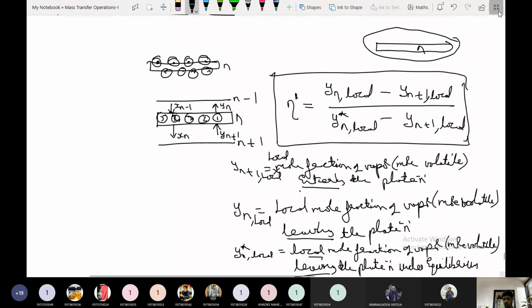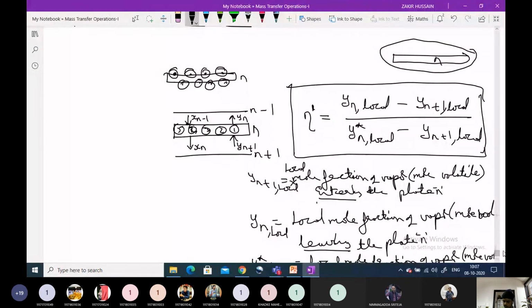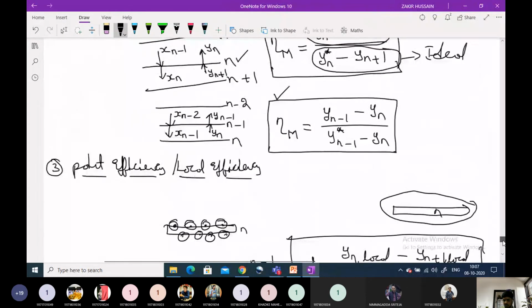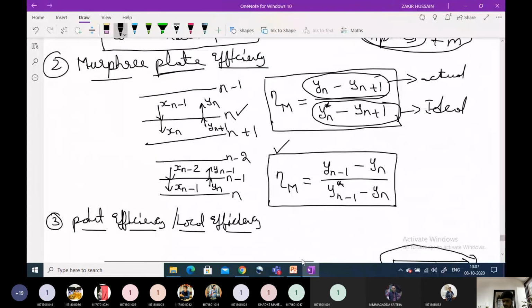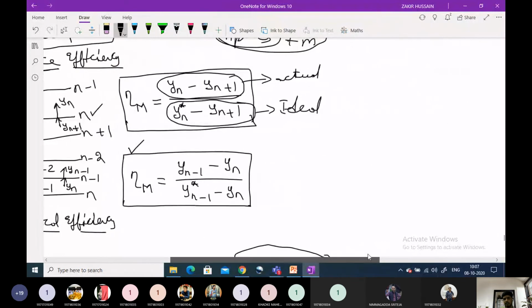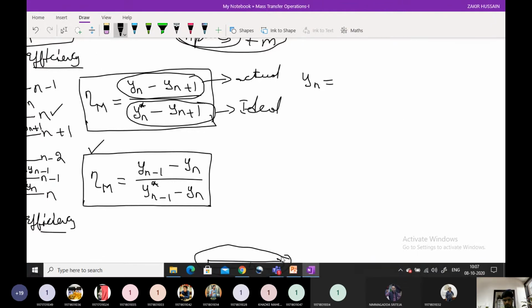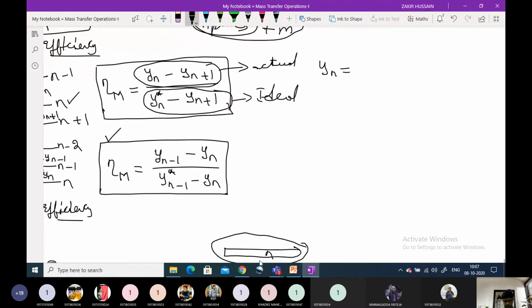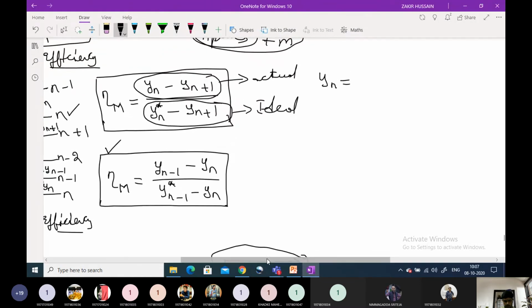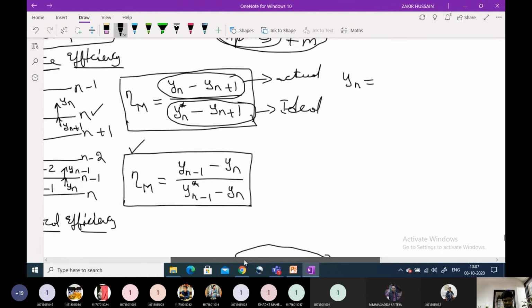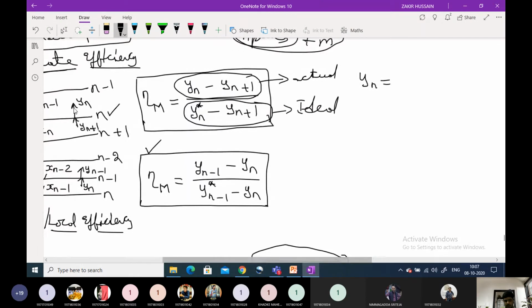Similarly, the above formula, which is Murphy plate efficiency, the same we can define. The scheme is the same, but the only difference is we are taking the point efficiency as local. In that one we are taking a direct composition. So what is yn here? From the arrows, outgoing and ingoing arrows, we can understand.